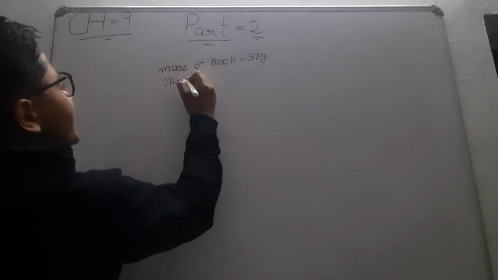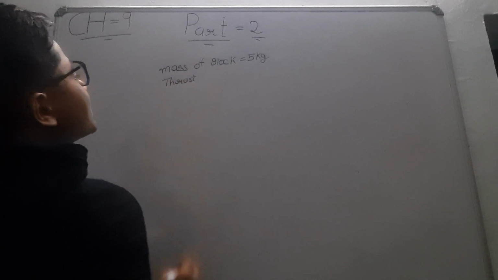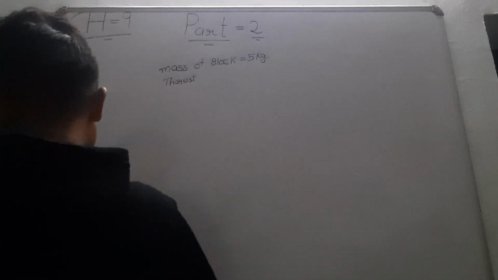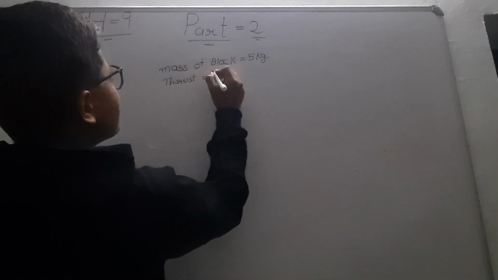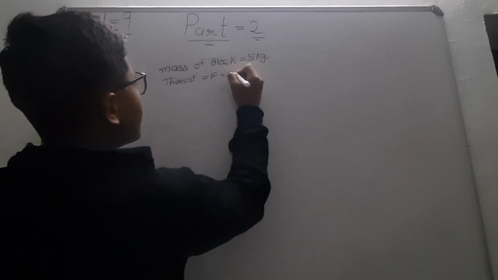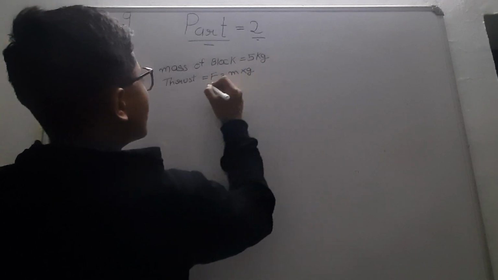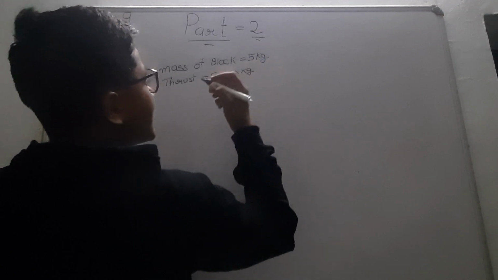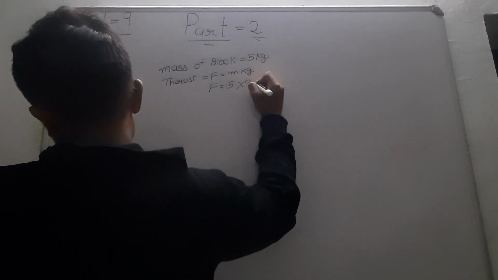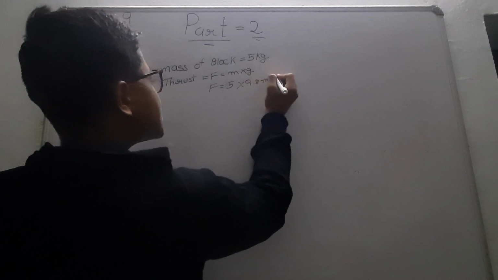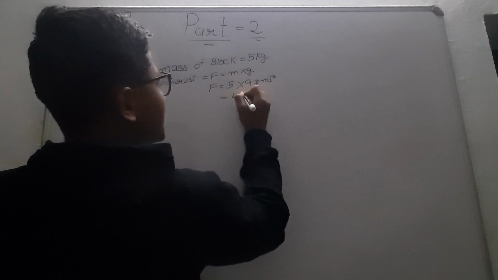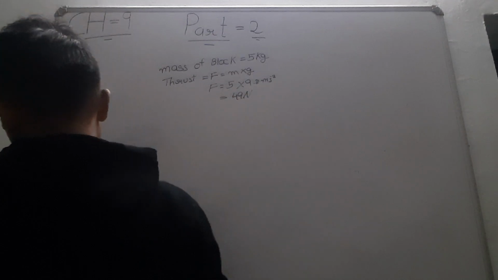I have told you that thrust is a perpendicular force, and pressure is thrust per unit area. Thrust F is equal to mg. F equals 5 kg times g, and the gravitational acceleration is 9.8 meters per second squared. So we will get 49 Newton of thrust.